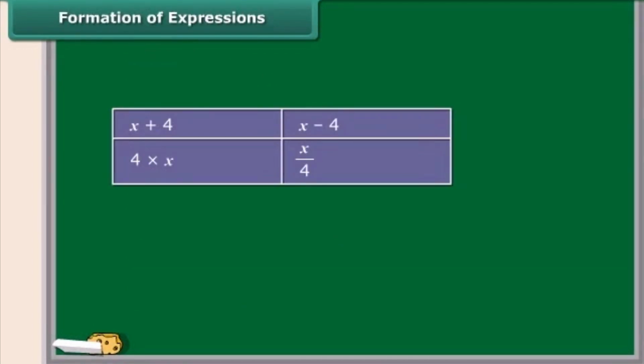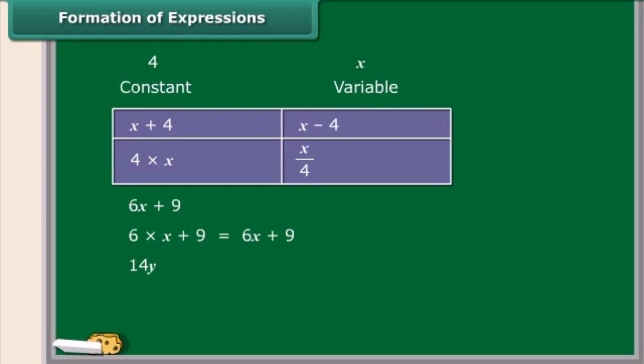Algebraic expressions are formed by combining variables and constants with the help of addition, subtraction, multiplication, and division. Let us see how the algebraic expression 6x plus 9 is formed. It's really simple. First, multiply variable x with constant 6, then add a constant 9 to the product.